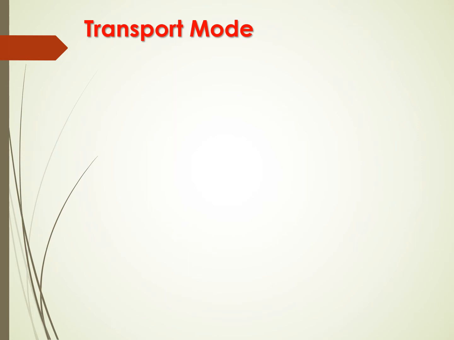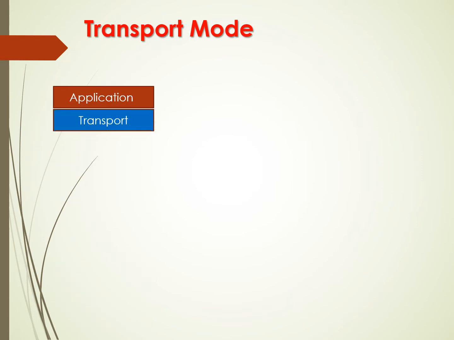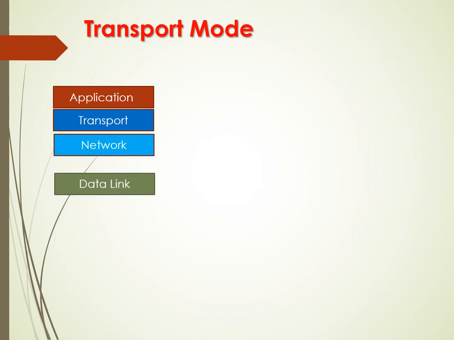First, we'll start our discussion with the transport mode. We have the application layer, below that the transport layer, then the network layer, then the data link layer, then the physical layer.